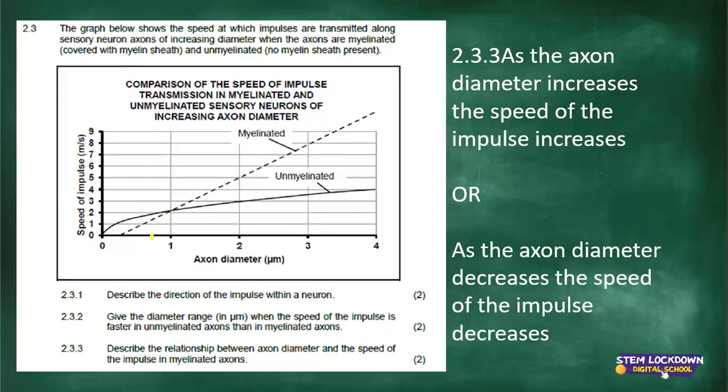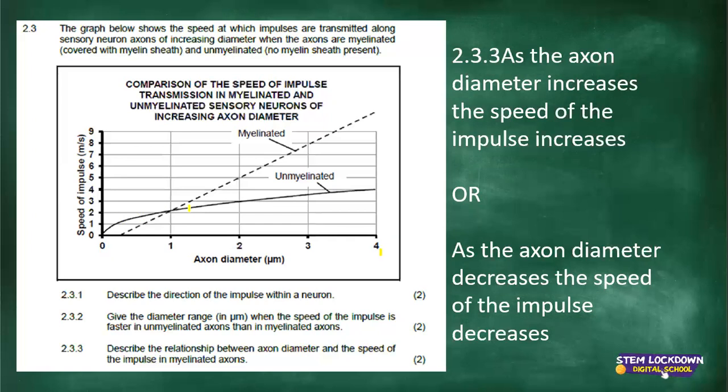Looking from 0 upward, you would speak of an increase, but if you go from the right-hand side to the left-hand side, or from up to down, then you notice a decrease. Either way, they mean the same thing: when the diameter decreases, the speed also decreases, and when the diameter increases, the speed also increases.